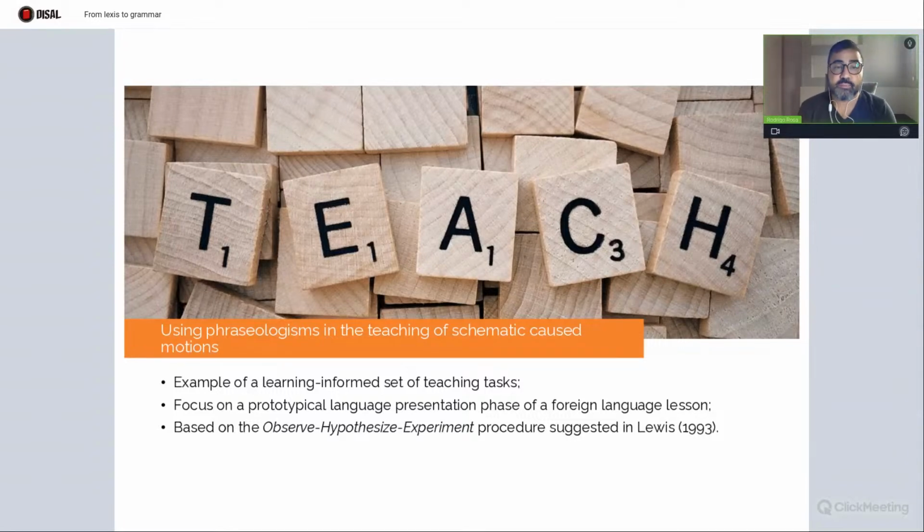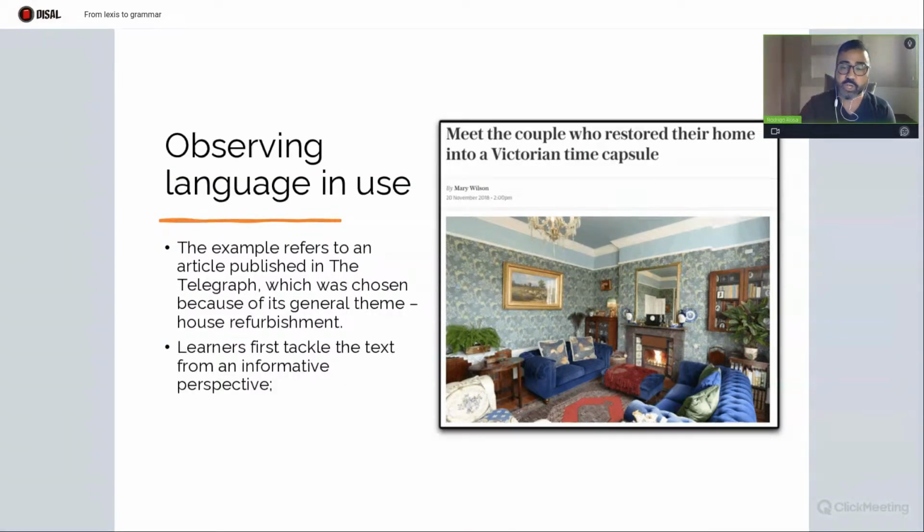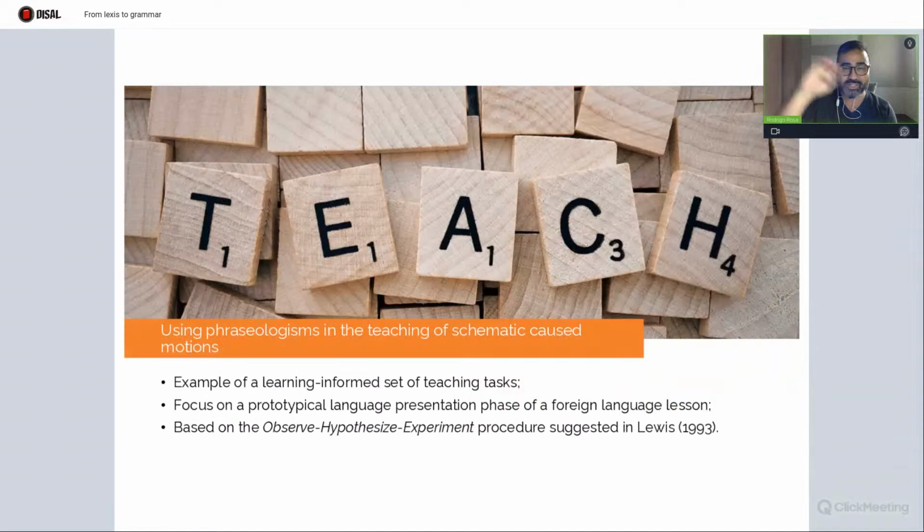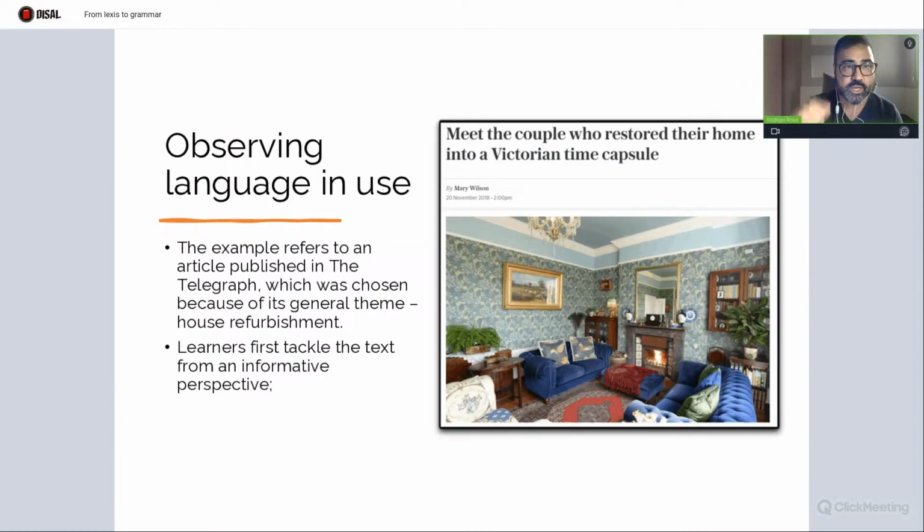So this is an example of a learning informed set of teaching tasks. It focuses on a prototypical language presentation phase of a foreign language lesson, and it is based on the observe, hypothesize, and experiment procedure suggested in Lewis 1993. So remember these three words, right? Observe, hypothesize, experiment. We don't necessarily have to go for just one activity per stage, and that's what I'm going to start presenting to you now.